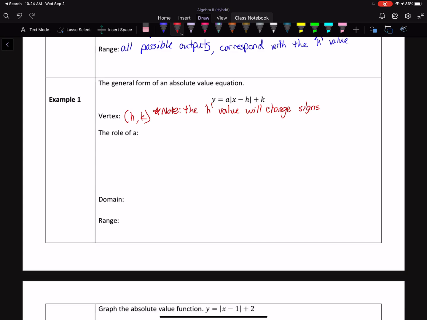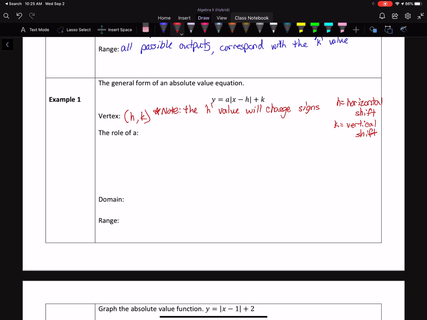Maybe you want to also write here h equals horizontal shift and k equals vertical shift. So h is going to move your vertex left or right. K is going to move your vertex up or down.